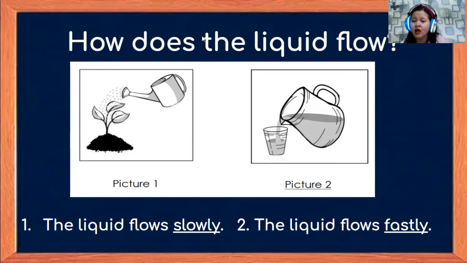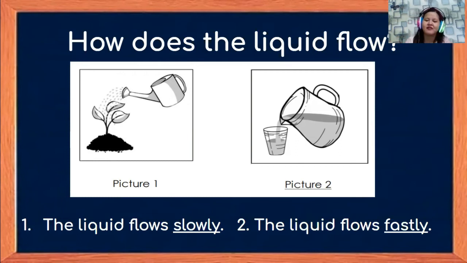Unlike this picture, the hole, or yung butas dun sa ibabaw ng picture, is bigger. Mas malaki siya. Kaya pag sinalin ang water from the pitcher to the glass, it will be fast. So the speed of the liquid or of the water depends on the container and also on the type of liquid.